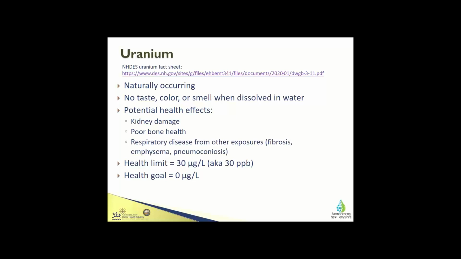Biomonitoring New Hampshire studies evaluated whether the amount of uranium in a person's urine varied depending on how much of their private well water they drank. Our program found, again, that there was more uranium in urine when people drank private well water that contained high levels of uranium. We also found that the concentration of uranium was highest in urine when the water concentration was above the MCL. So again, we found it in urine if people were drinking contaminated water.